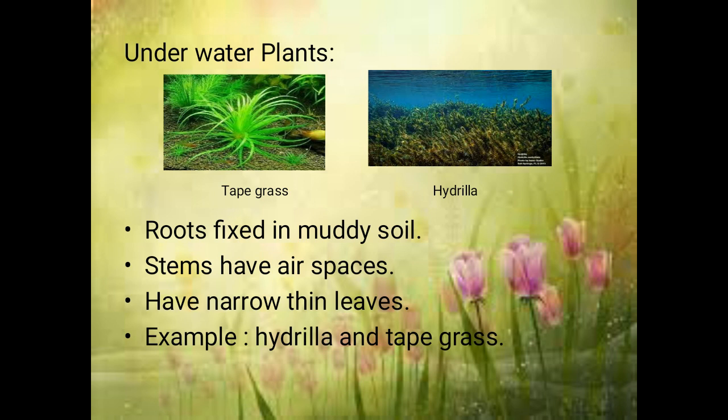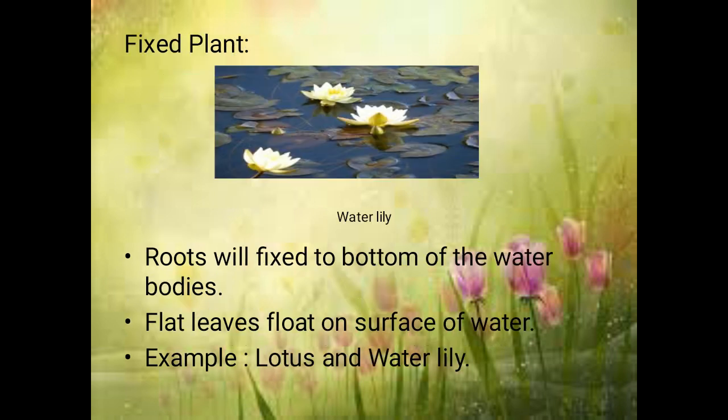Examples are tape grass and hydrilla. And the final one is the fixed plant. Their roots are fixed into the soil under the water, and the leaves float over the surface of the water. Examples are lotus and water lily, right?